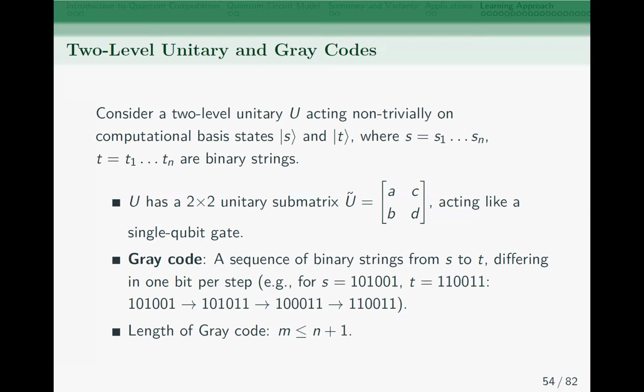You can prove this always exists. You start with one string and another string, and you just flip one by one. Obviously the length of the Gray code is at most n plus 1, because n is the length of the bit string. The largest case is that you flip everything: you start with all 0 and go to all 1.